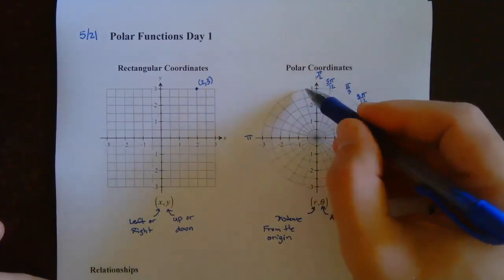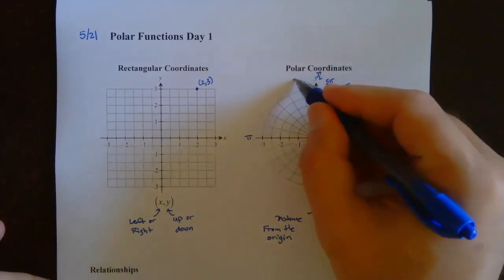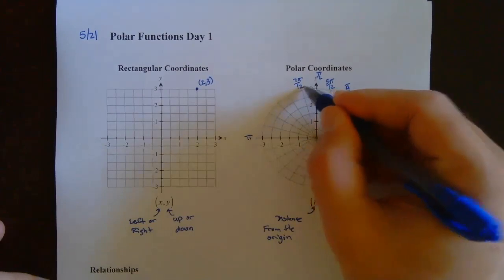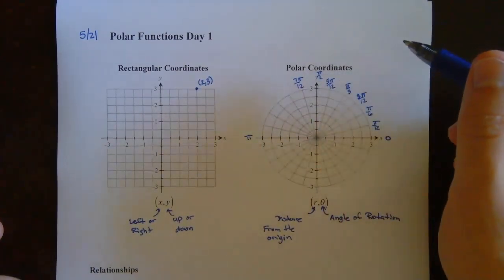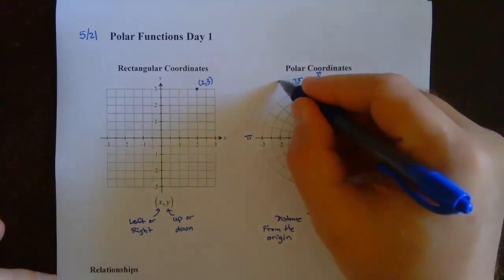7 pi over 12. This would be 8 pi over 12, but 8 pi over 12 reduces to 2 pi over 3.